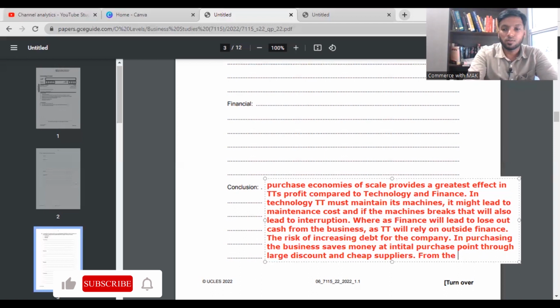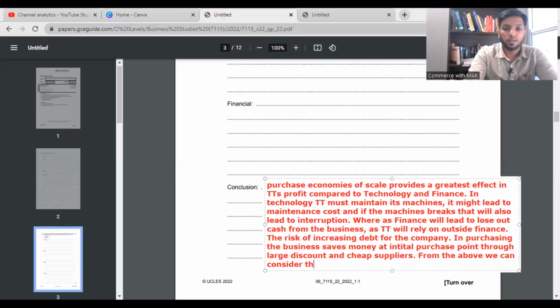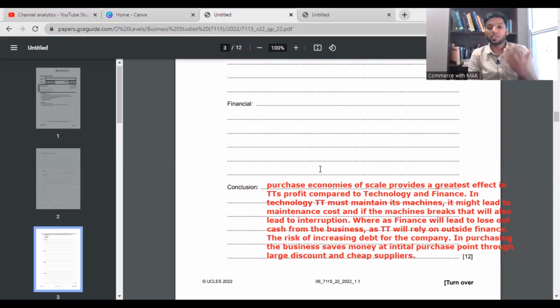From the above, we can consider that purchasing economies of scale provides the greatest effect in TT's profit compared to technology and finance.